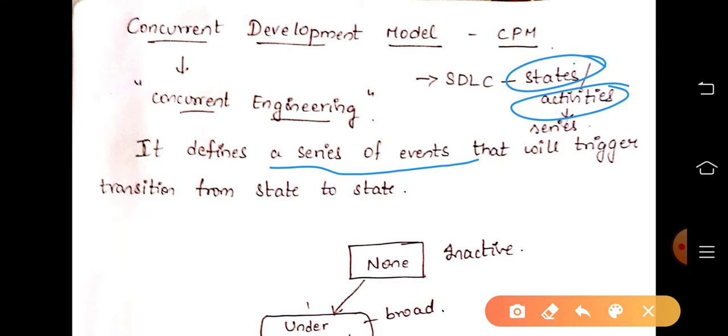It defines a series of events that will trigger a transition from state to state.